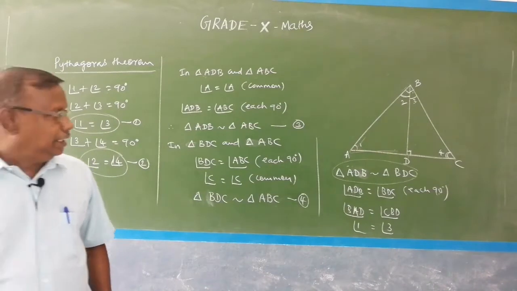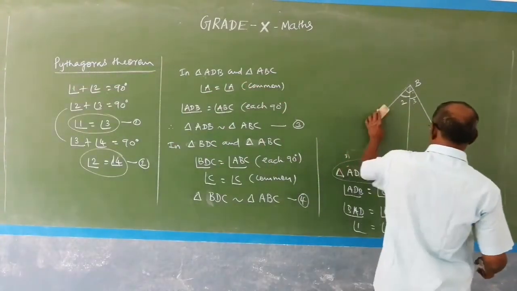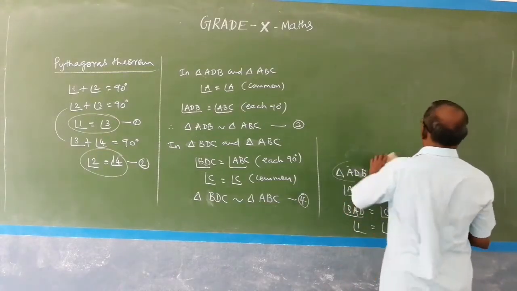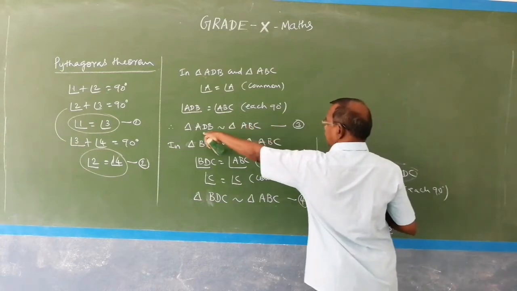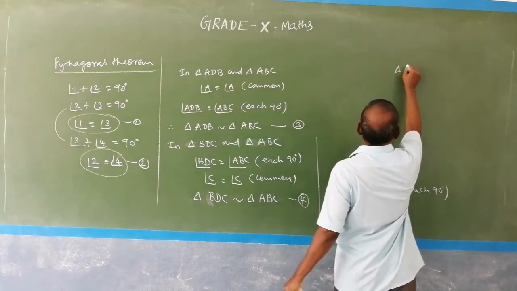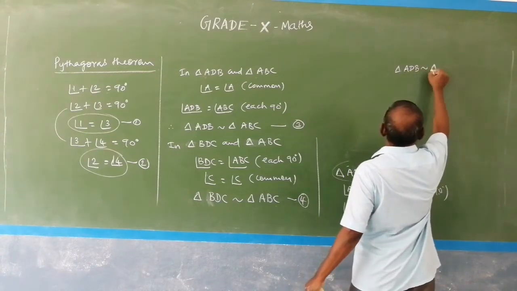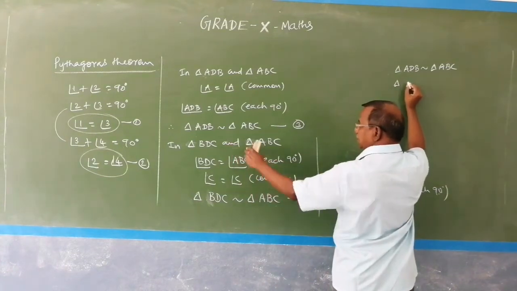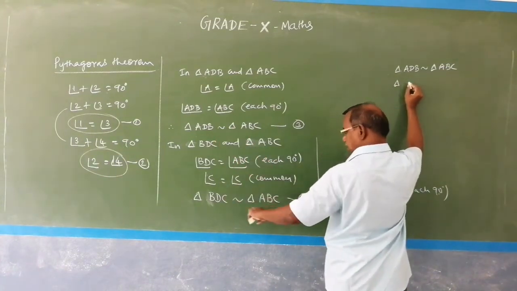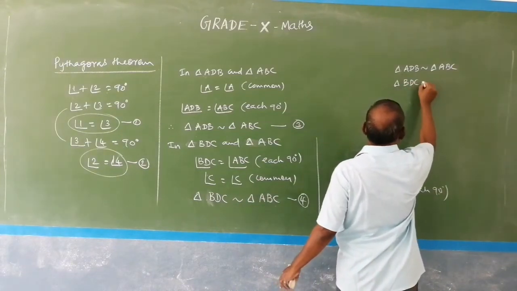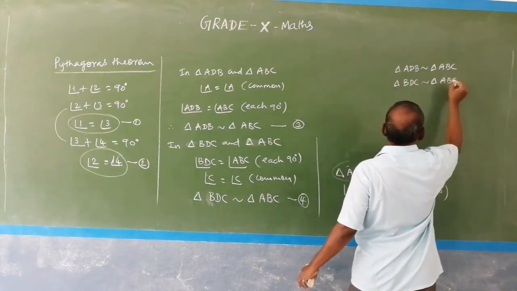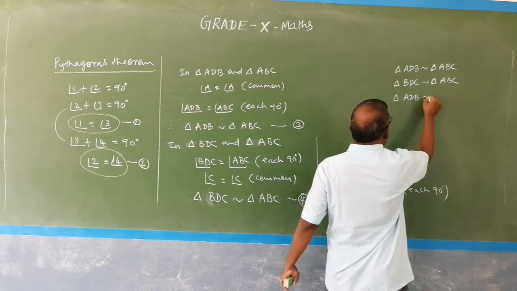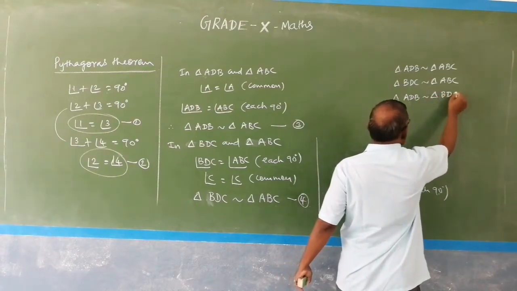Now, for our convenience, let us draw these things. This will be used for proving the Pythagoras theorem. The first similarity is triangle ADB similar to triangle ABC, and next, triangle BDC similar to triangle ABC, and these two triangles are similar to each other, that is triangle ADB similar to triangle BDC.